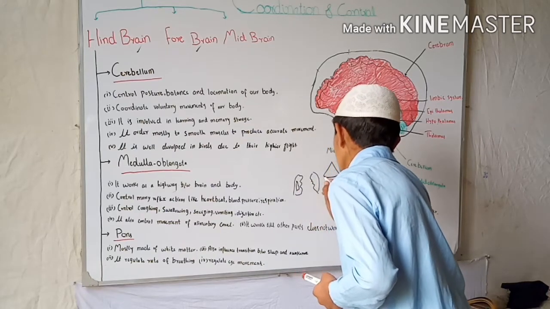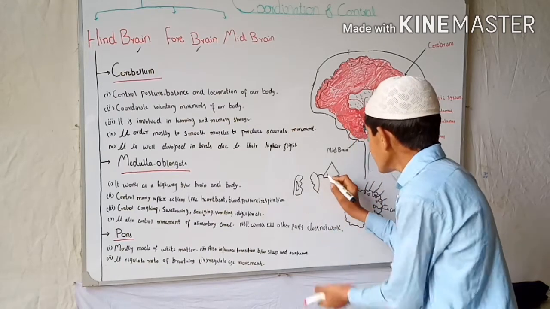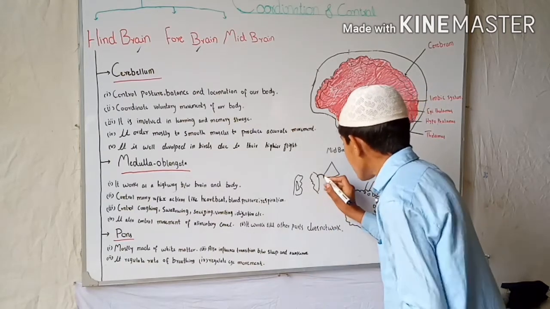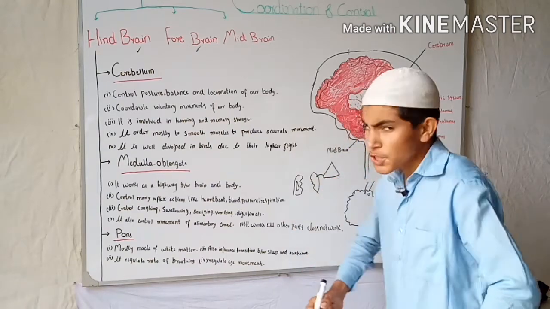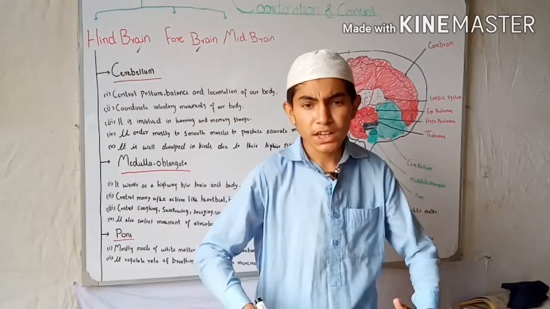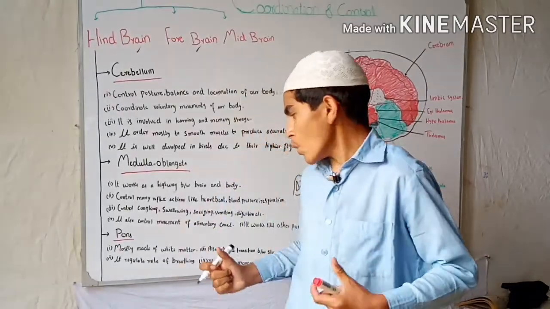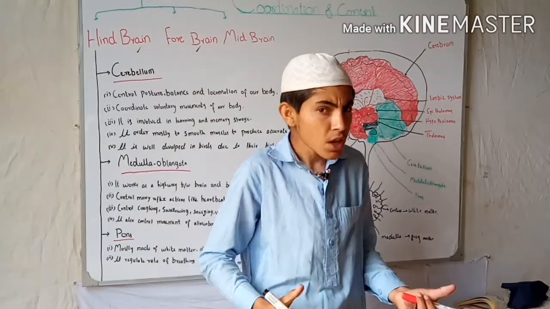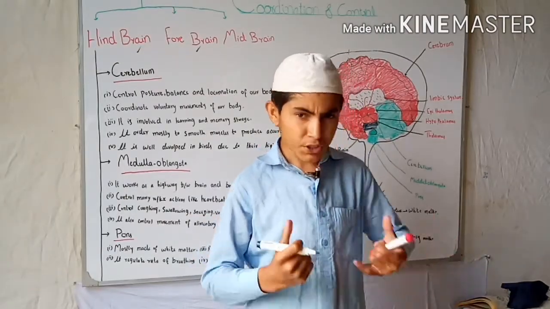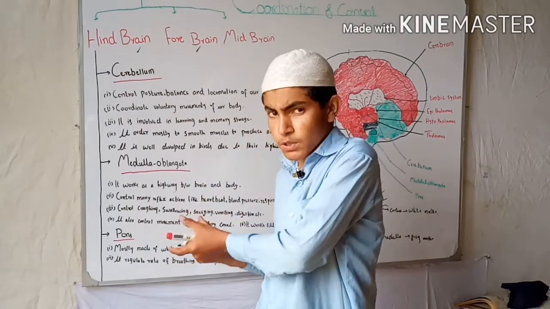These are the neurons which connect the pons with the rib cage, and they help the rib cage move up and down in order to help in breathing. So the pons works during our sleeping time also, because we are able to breathe during sleep due to our healthy pons.